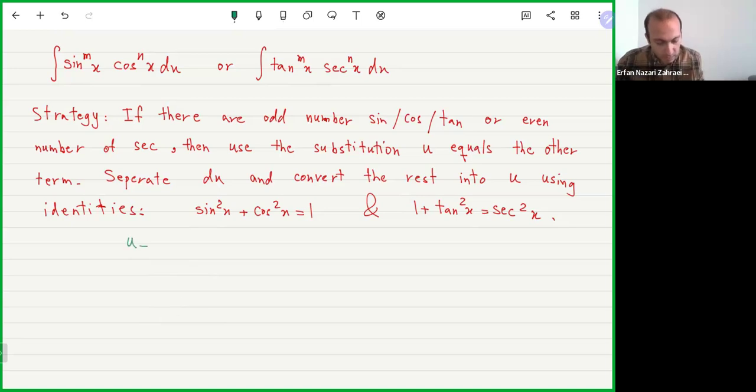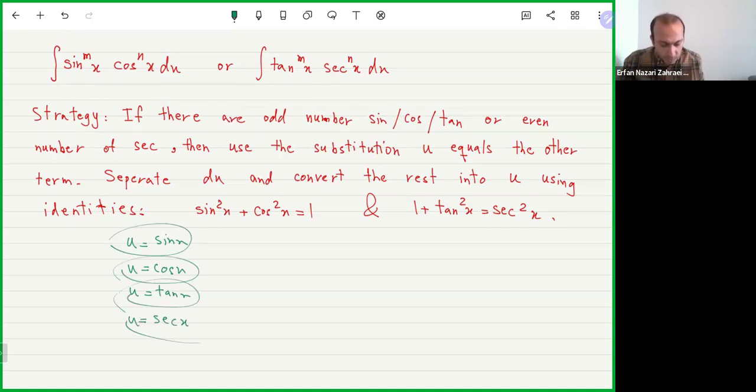We have four kinds of substitution: u equals sine x, u equals cos x, u equals tangent x, and u equals secant x. If I want to see if a substitution works, I should be able to separate du and convert everything else into u. So what is du in each of these cases?